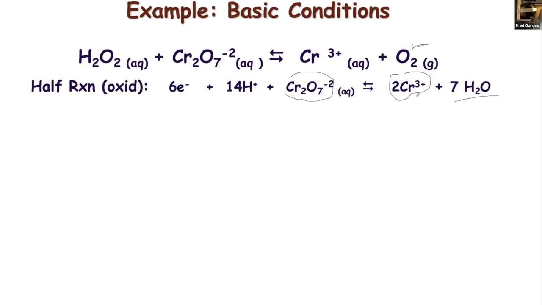So we can only bring the charge down. This positive 12 needs to be brought down to positive 6. We introduce 6 electrons. This side now becomes a positive 6, and this side is positive 6 by virtue of 2 chromium plus 3.